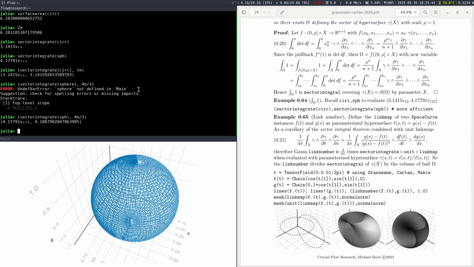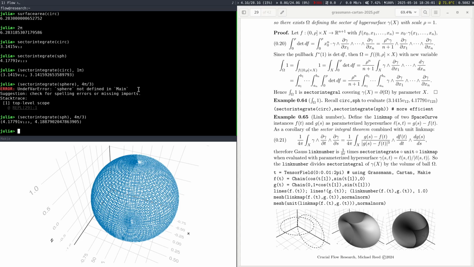So what about the link number example? We have to define the link map of two space curves f of t and g of s as a parameterized hypersurface, link s of t equals g of s minus f of t.